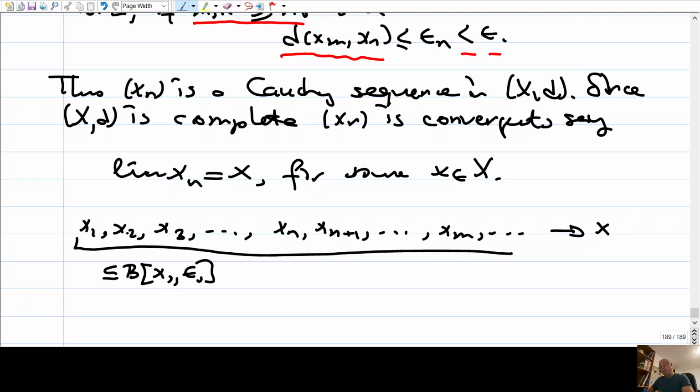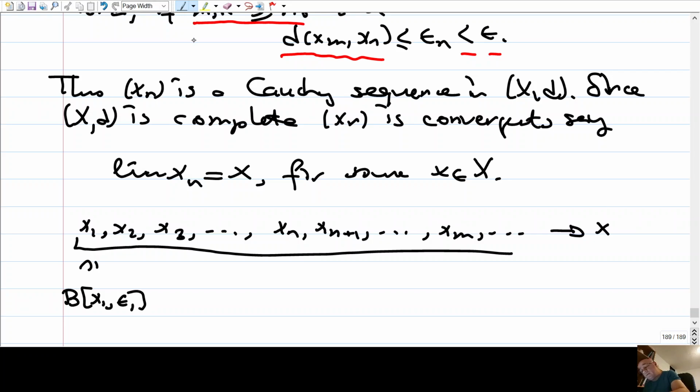Because the ball around x2 already lies inside the ball around x1, and therefore all these elements lie in this closed ball. So all of these lie inside this closed ball.